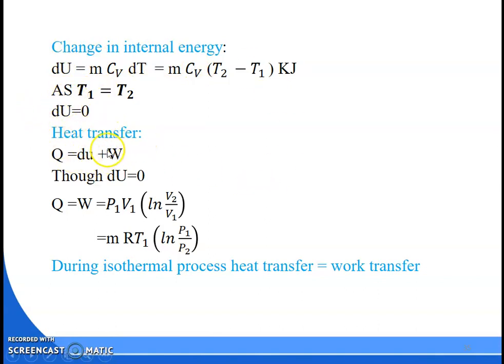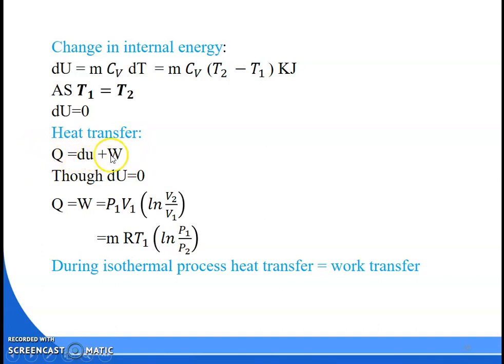Then what is the heat transfer? Heat transfer by applying the first law of thermodynamics. This is a closed system. So Q is equal to what? dU plus W. Why are you putting Q equal to dU plus W, not dE plus W? Because this is the first law of thermodynamics for which process? Non-flow process.